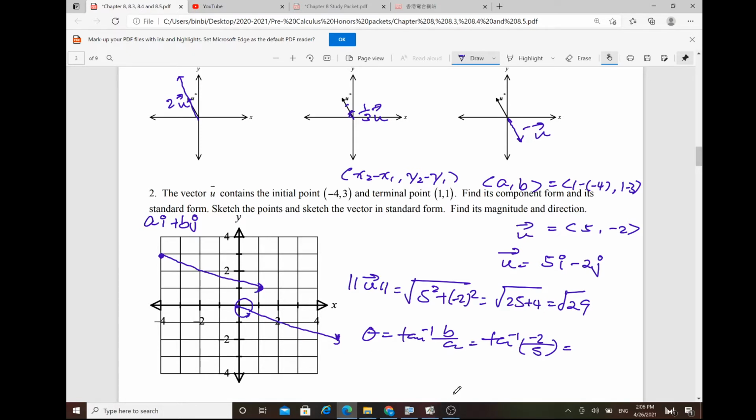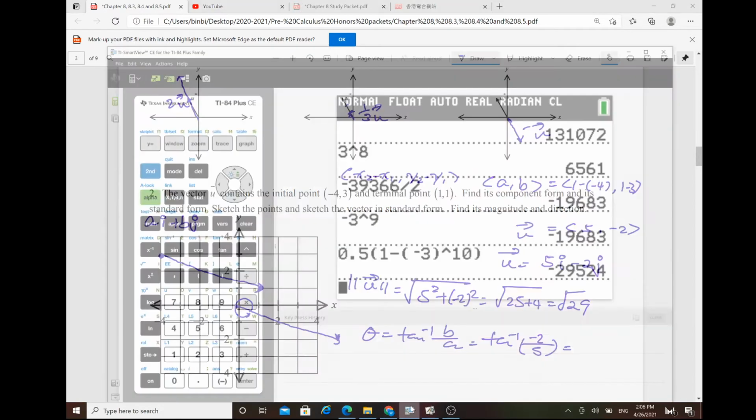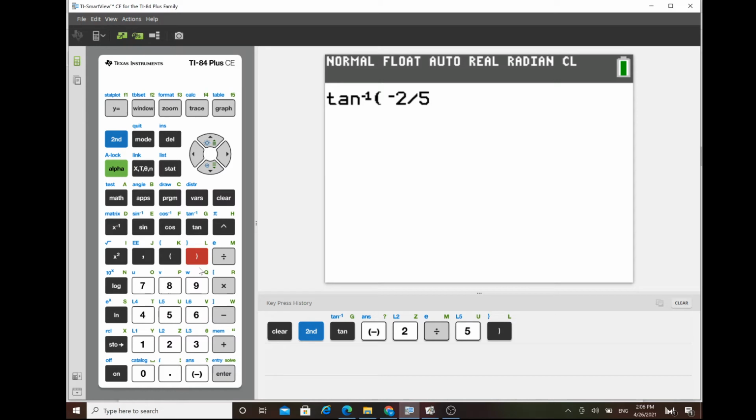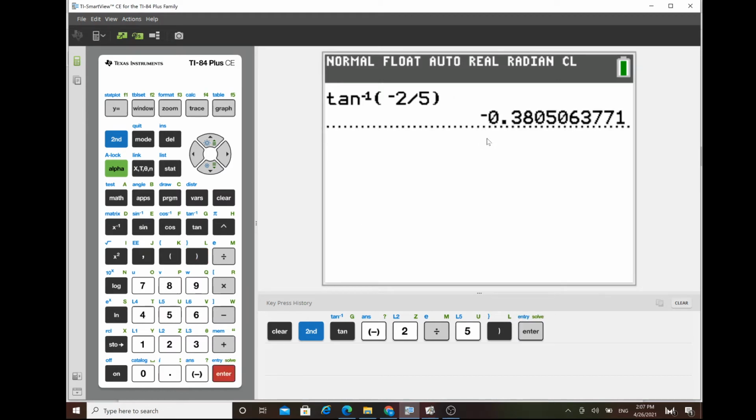So using the calculator, second, inverse of tangent of -2 over 5. The one that's given here is just the reference angle, so negative because that's in quadrant 4. And then add 2 pi.